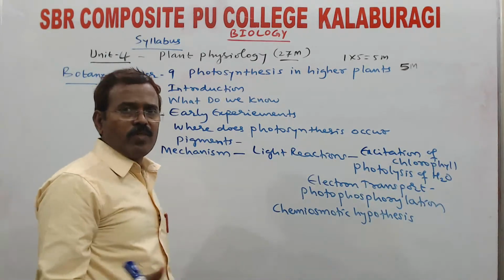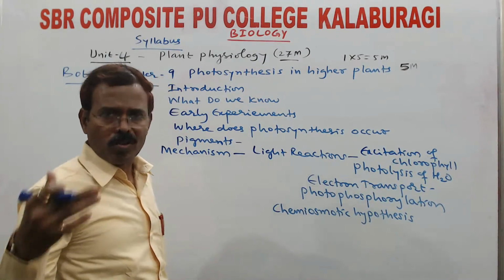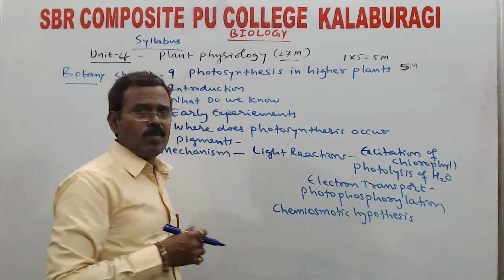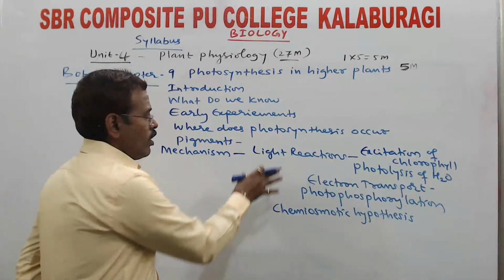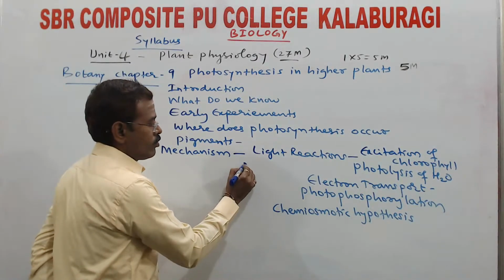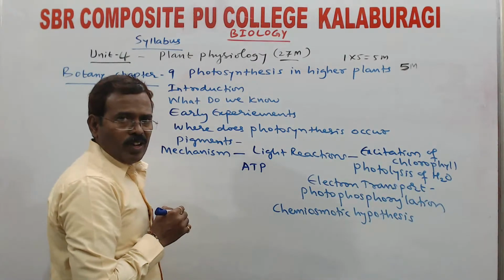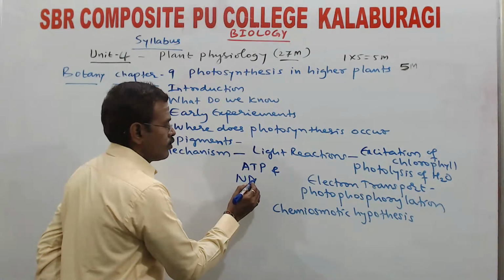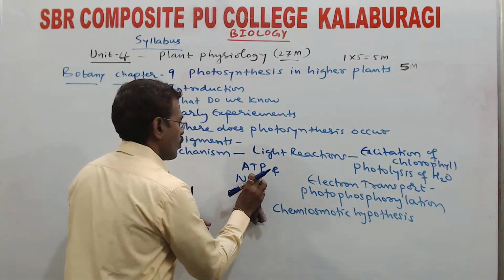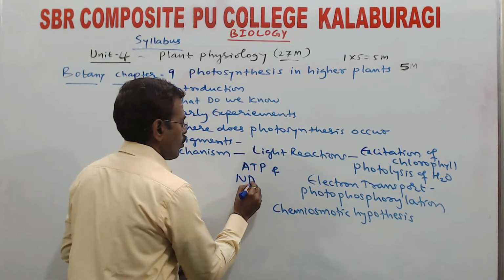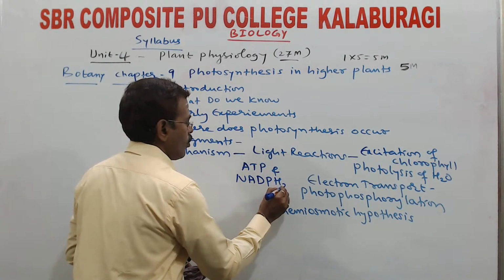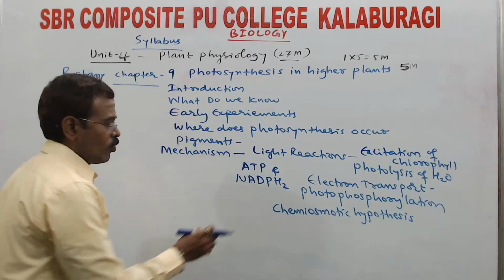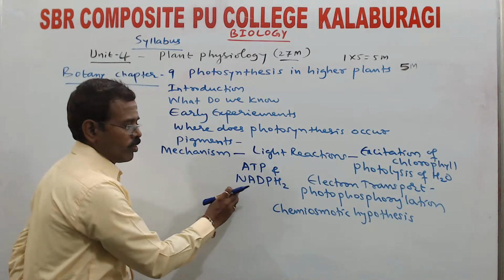In photophosphorylation, we have cyclic photophosphorylation, non-cyclic photophosphorylation, then how ATP is synthesized, that is chemiosmotic hypothesis. So at the end of these light reactions, the energy currency ATP and the strong reducing power, reduced form nicotinamide adenine dinucleotide phosphate.